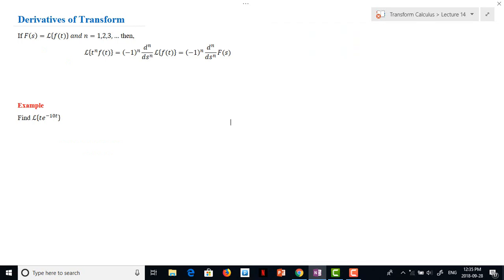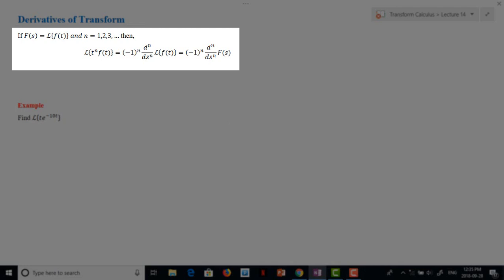Based on definition, if we have F(s) equal to the Laplace transform of f(t), and n is a positive integer number 1, 2, 3 and so on, then the Laplace transform of t to the power of n times f(t) is equal to minus 1 to the power of n, the nth derivative of the Laplace transform of f(t), or equal to minus 1 to the power of n, the nth derivative of F(s).